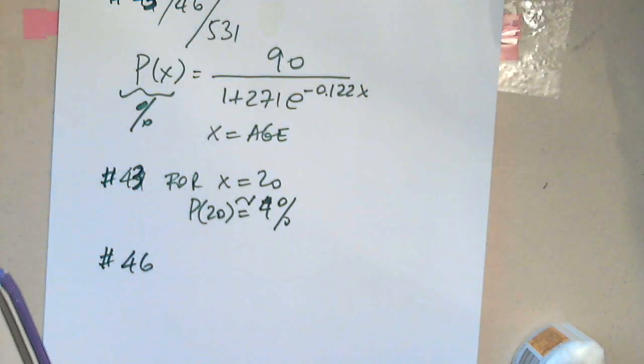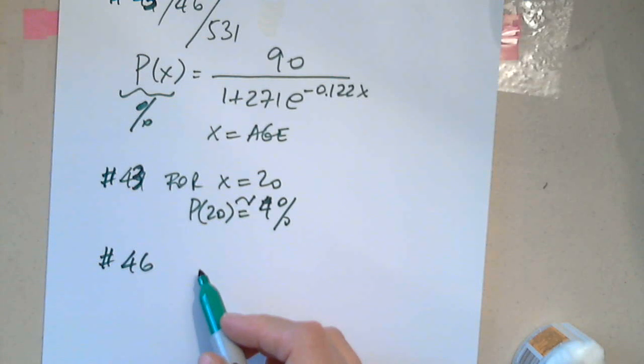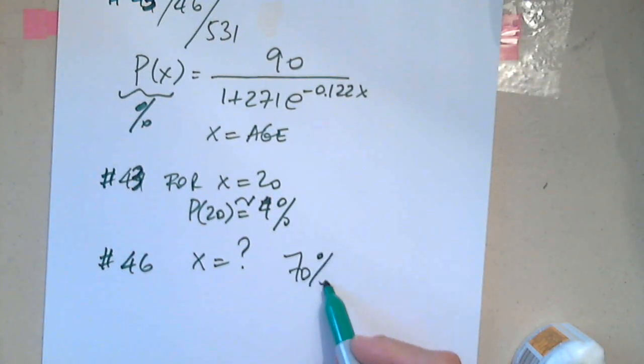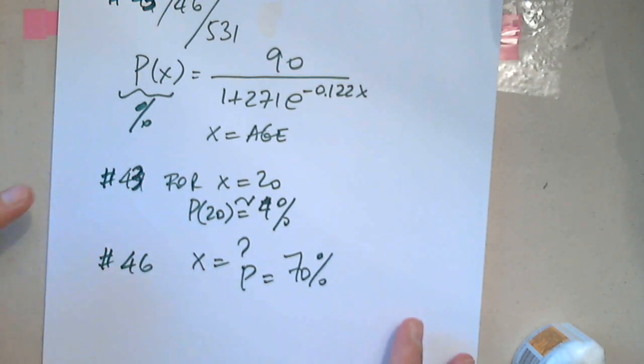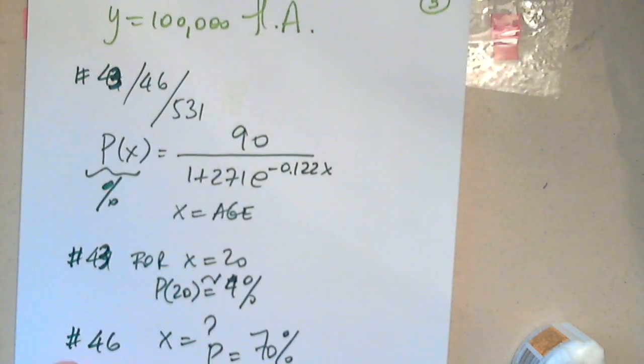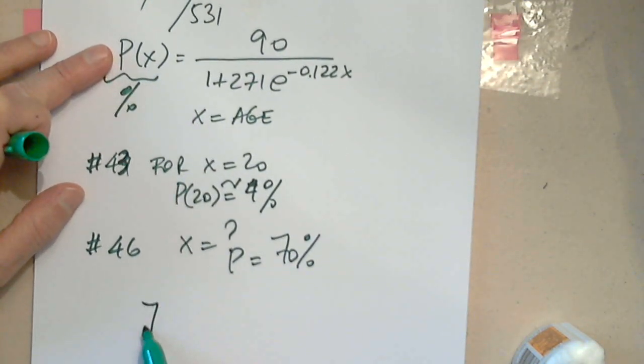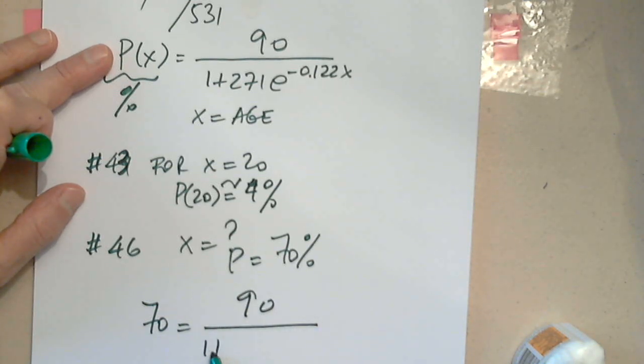In 46, we're asked, at what age is the percentage of some coronary heart disease 70%? So here we're asked to find what is x when P is 70. So this is not a trivial type of problem. Careful here. We replace P of x by 70: 90 divided by 1 plus 271 e to negative 0.122x.